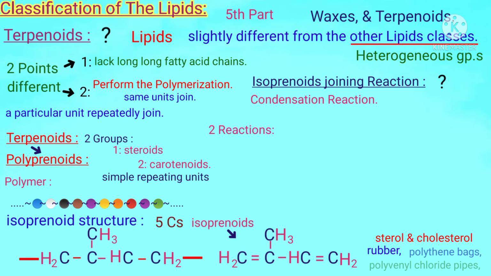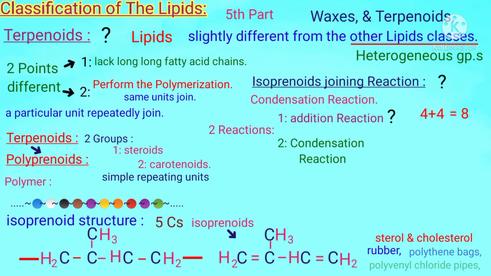Basically, students, there are two reactions by which we combine two smaller things and obtain a large thing. The first is called addition reaction and the second is called condensation reaction. Students, what happens in the addition reaction? Like when 4 plus 4 is equal to 8. This is the addition reaction. Next, what happens during the condensation reaction? In the condensation reaction, 4 plus 4 will be equal to 4.5 plus 0.5.